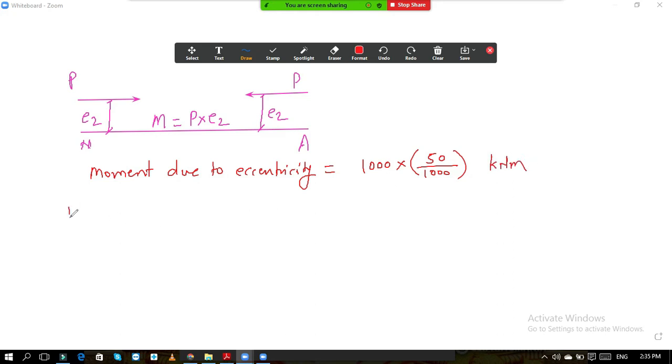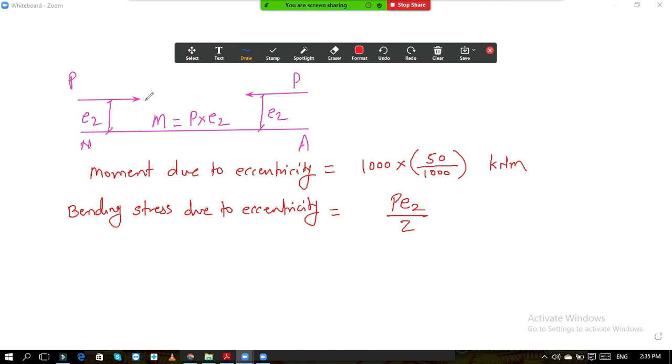So bending stress. Now this bending stress is due to eccentricity. The bending stress due to eccentricity is equal to, what is the bending stress? It is P E2 by Z. Okay. Now is it plus or minus?